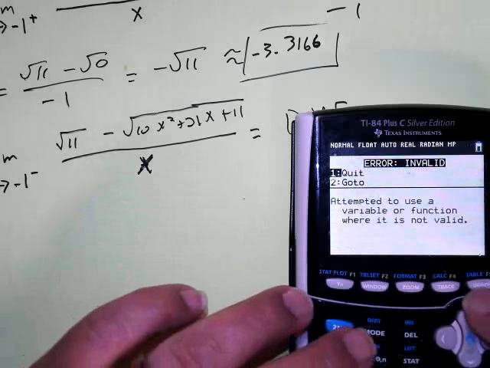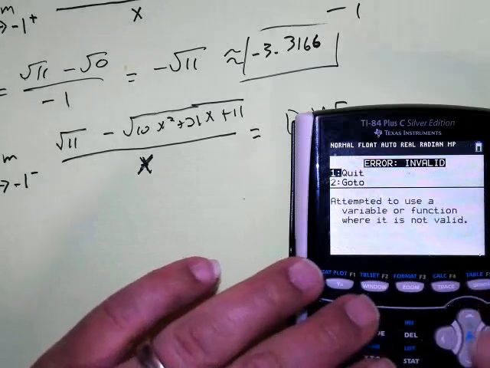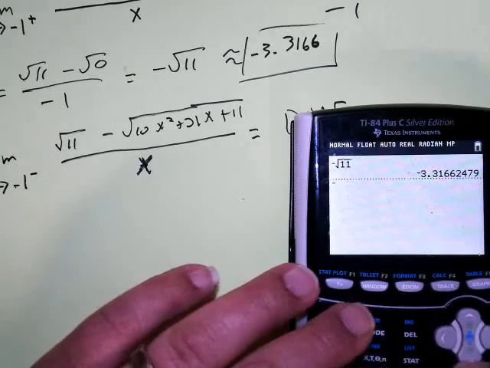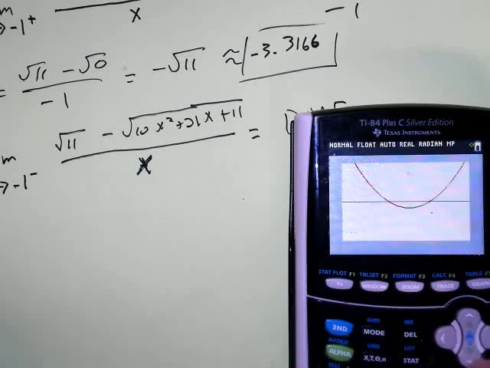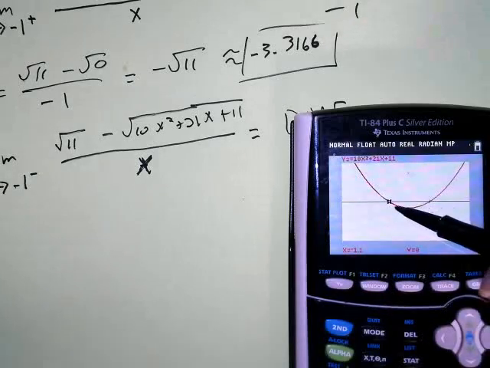Let me graph second calc value. I'm sorry, the other root is negative 1.1, and you see you got a 0 there.